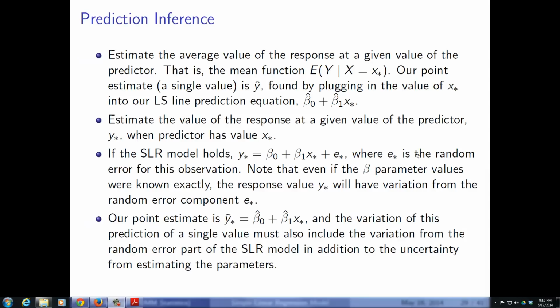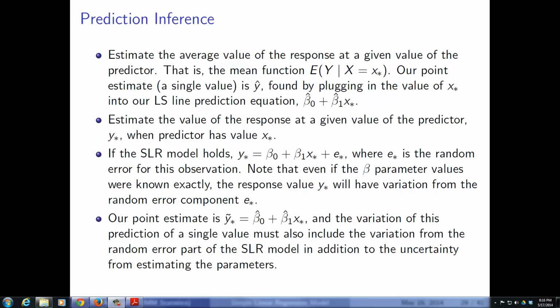Our next topic is about using the information we have about y and x to make a prediction about what y will be based on a previous value of x, denoted here by little x star. So there's two possibilities here. One thing is we might be interested in learning and predicting something about the mean function.